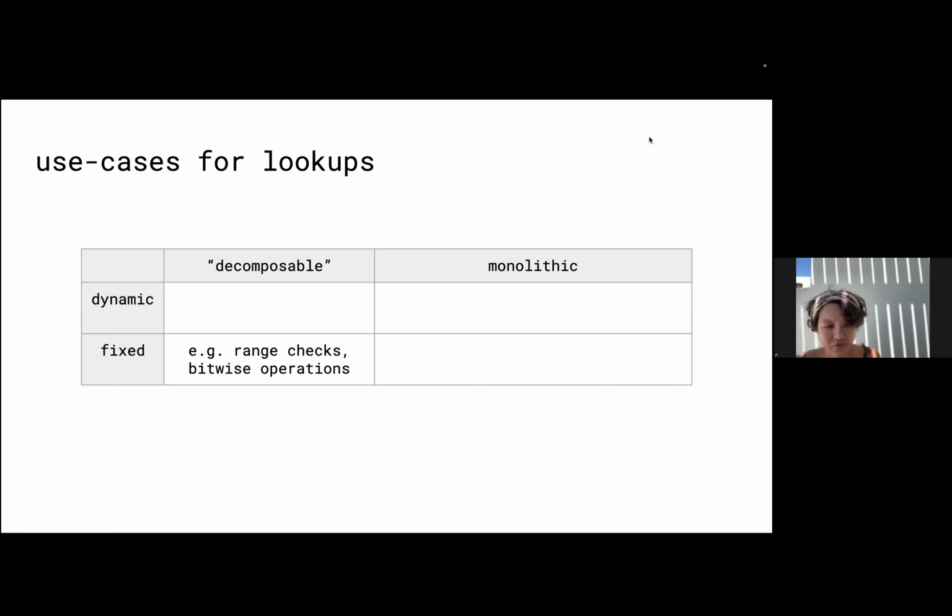This is true for range checks, for example, where you're just checking inclusion in some predefined range. It's also true for bitwise operations like XOR and AND, where you can look up subsets of the bit string and then compose the result. These are fixed because they can be computed in advance and they never change regardless. Basically, you can enumerate all possible outputs for all possible inputs.